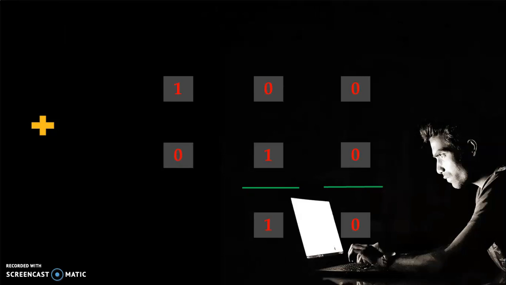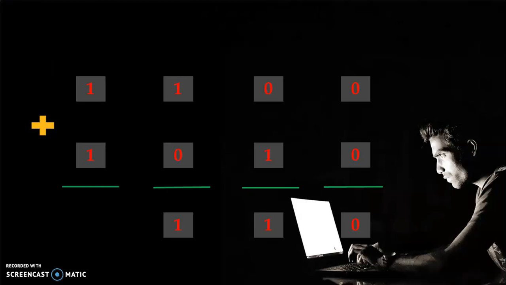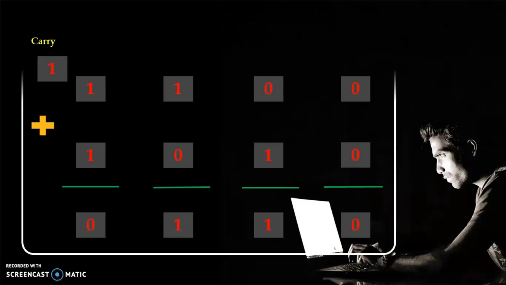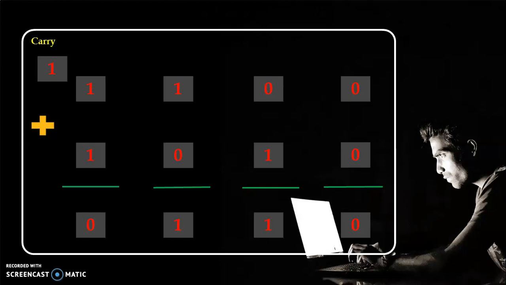Third condition, 1 plus 0, sum is 1 and again carry is 0. And the last condition, that is 1 plus 1, sum is 0 and we have 1 carry. So this way we can do the binary addition with the help of one of the combinational circuits, and that is known as a half adder.